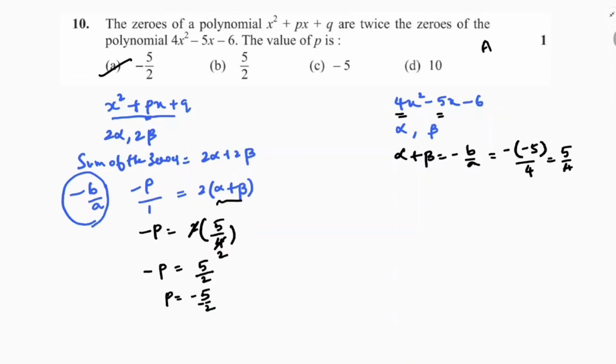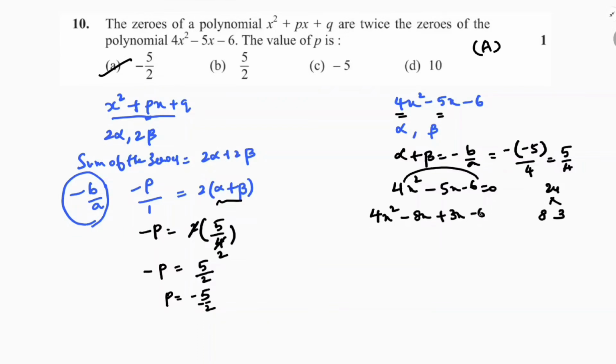You can do it in another method, that is, find the zeros of the polynomial 4x square minus 5x minus 6 equals 0. 4 times 6 is 24, 8 times 3 is 24. So 4x square minus 8x plus 3x minus 6 equals 0. Taking 4x common, x minus 2, and taking 3 common, x minus 2.